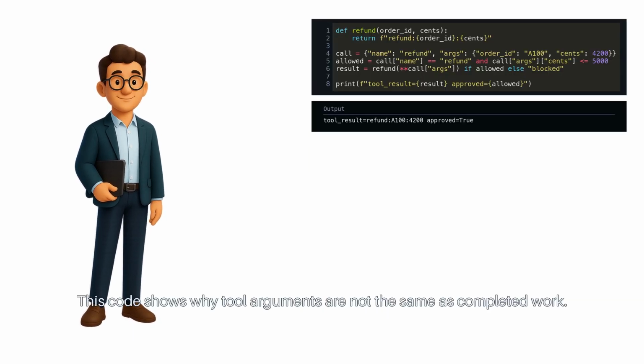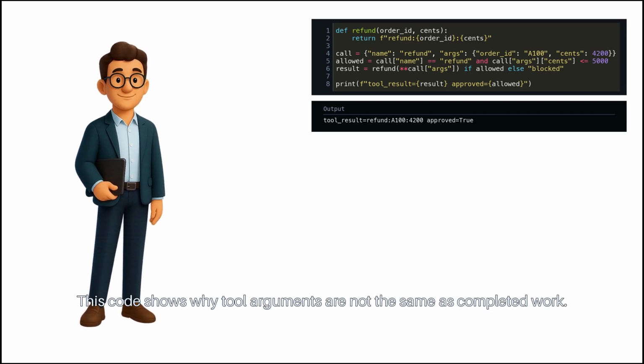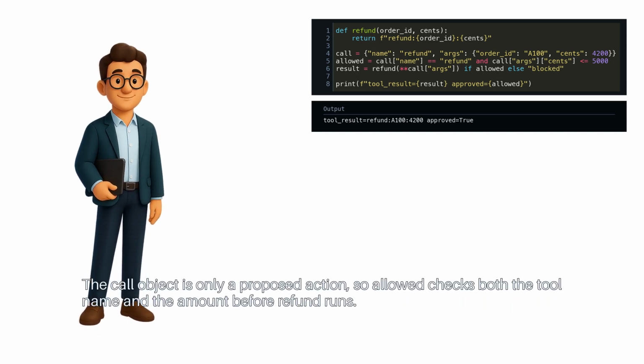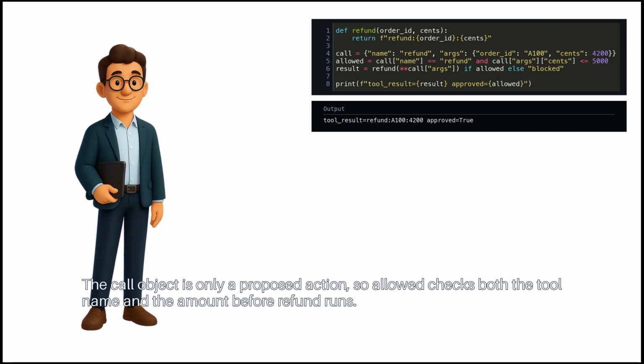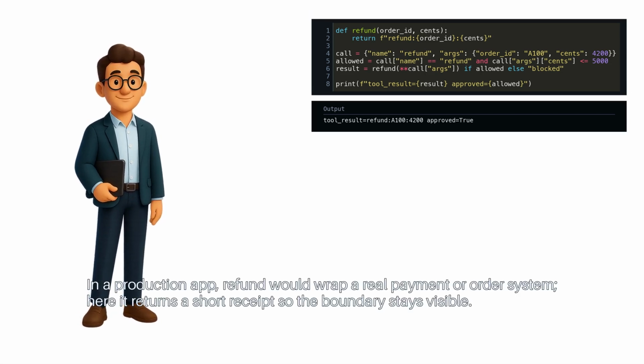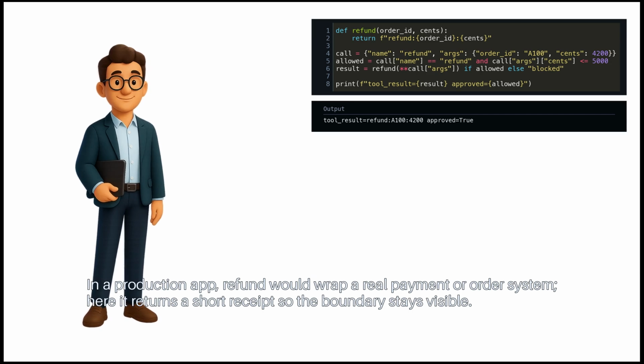This code shows why tool arguments are not the same as completed work. The call object is only a proposed action, so allowed checks both the tool name and the amount before refund runs. In a production app, refund would wrap a real payment or order system. Here, it returns a short receipt so the boundary stays visible.